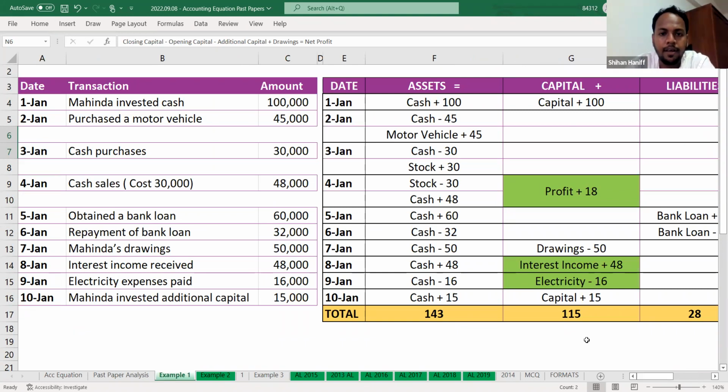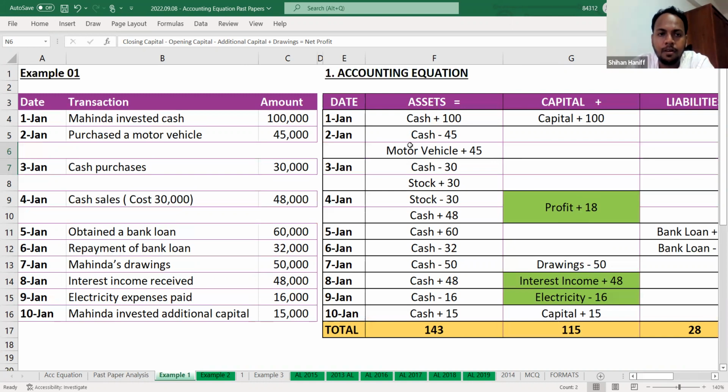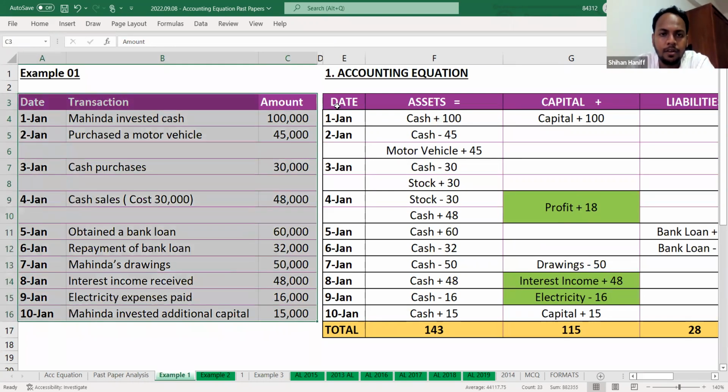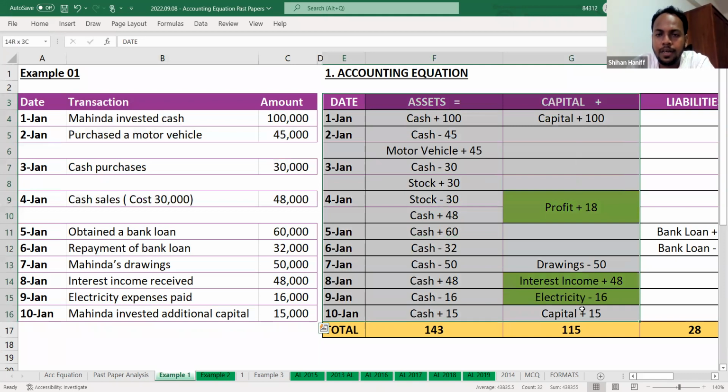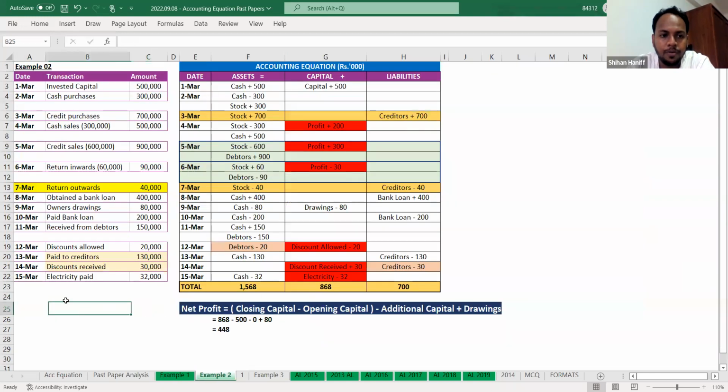I did a basic example, from the transaction to recording the transactions in the accounting equation. Then we did example 2, with a few more transactions.